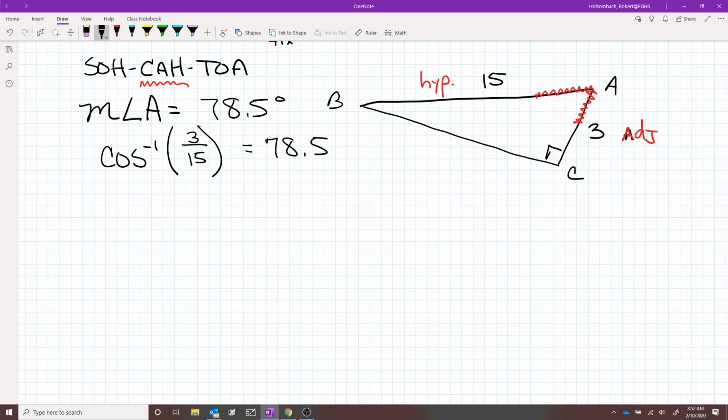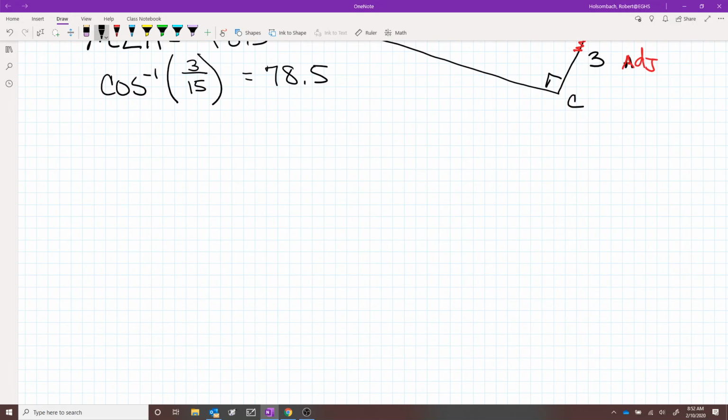I do want to show you something. Let's take a look at this triangle ABC. And let's say that you're given some side lengths that you're not real used to seeing.